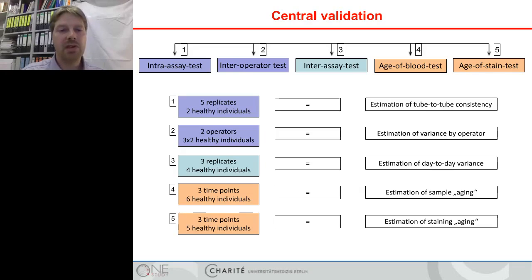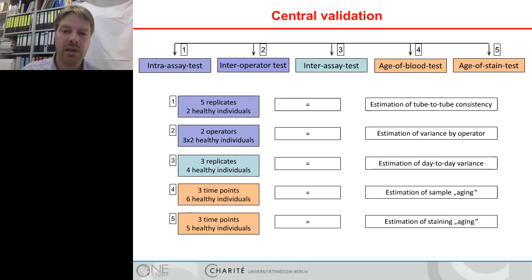The problem with a whole blood assay, like in this study, is that you cannot use stabilized whole blood for the estimation of the day-to-day variance, because if you're interested in markers like CCR7, it is impossible to stain such stabilized blood. Therefore, you have to draw blood each day, and that gives an additional biological variance in this test.